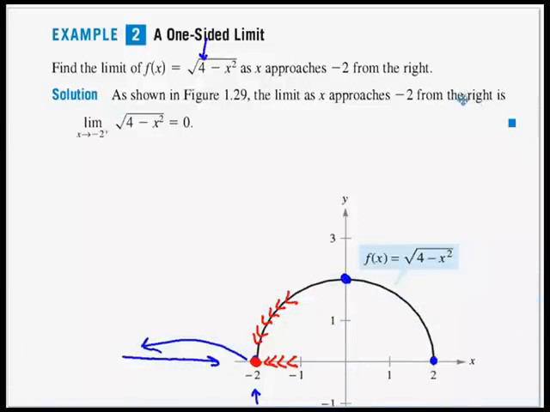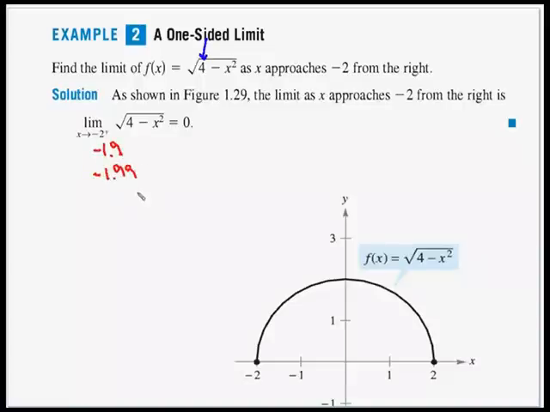So as shown in the figure, as we approach from the right, the limit as x approaches negative 2 from the plus side, or the right-hand side, of our function is equal to 0. And you can do that without the graph. We're approaching negative 2 from numbers a little bit above it. So I would just think in my head, negative 1.9 or negative 1.99.